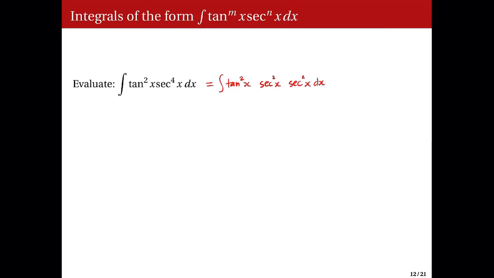The second secant squared x here, we'll attach it to dx. The rest of the secant, in particular in this, you have secant squared. We convert this into tangent. So we will have integral of tangent squared x times 1 plus tangent squared x, and then you have secant squared x dx.